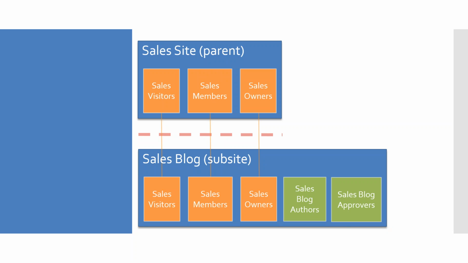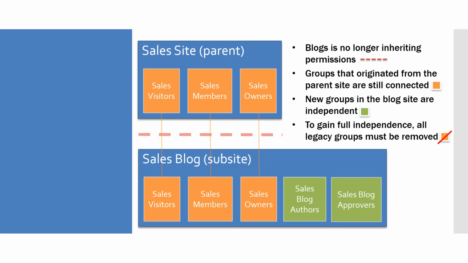It's not a copy of the group, it is the same group, the same members in it, even if we add new members at the parent level. So if we want to ensure that the sales blog is going to be isolated from the sales site, we need to first of all go through and remove the sales visitors, members, and owners groups from the sales blog site and continue with our new groups.